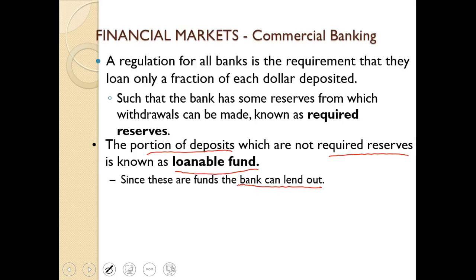They have to have at least $1,000 on hand at all times. They now have $4,000 that they can lend out. This is their loanable fund. It's basically the amount of deposits minus the required reserves that gives you the loanable fund.